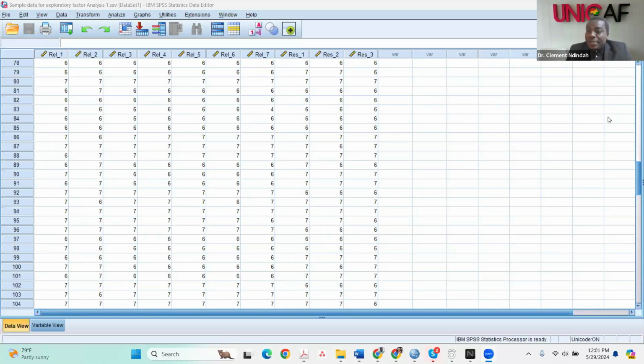Exploratory factor analysis, when should you make use of it? It comes in very handy when you want to conduct a quantitative research and you don't have an already validated instrument that you can use to evaluate the construct that you want to evaluate.